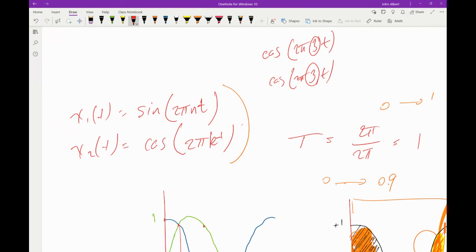If they are equal to each other, you get cosine squared. And when you multiply cosine by the same frequency and same phase, you end up with something that is always positive, right? Cosine squared is always positive. And cosine squared, when you integrate it from 0 to 1, in fact, if you integrate it over any interval, it's not going to give you 0. That's why a signal is never orthogonal with itself.